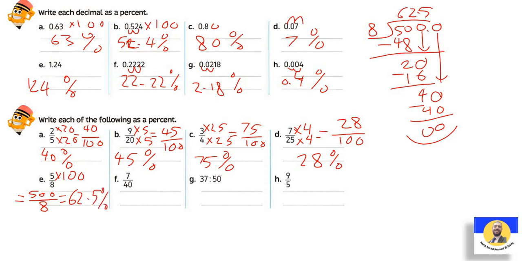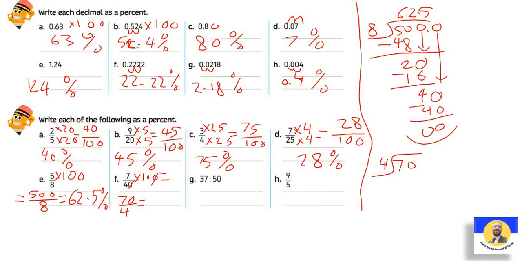62.5%. Okay. Now 7 over 40, which we can also multiply by 100 and say it equals, cancel 0 with 0, so it's 7 by 10 divided by 4, meaning 70 divided by 4, and we start dividing. 70 divided by 4 equals what?